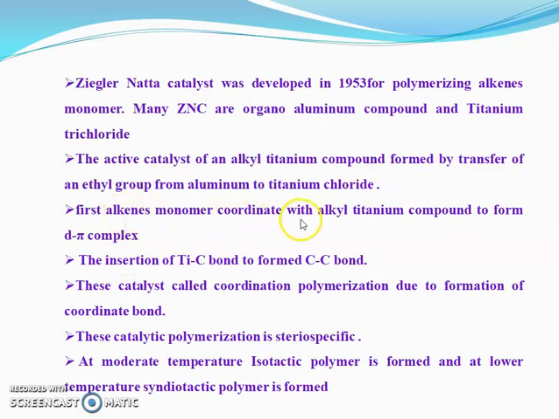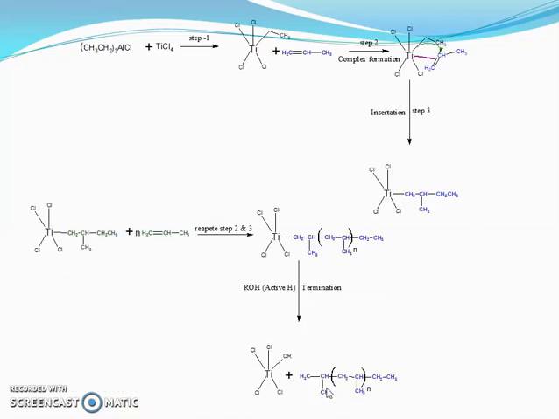First, the alkene monomer coordinates with the alkyl titanium compound to form a pi complex. Then insertion into the titanium-carbon bond occurs, with cis addition. This is called coordination polymerization due to the formation of a coordinate bond. This catalytic polymerization is stereospecific. At moderate temperatures, isotactic polymer is formed, and at lower temperature, syndiotactic polymer is obtained as the product.